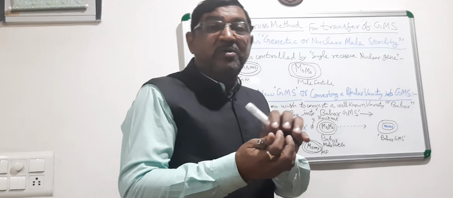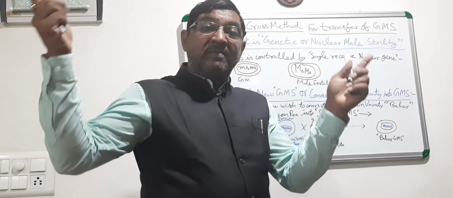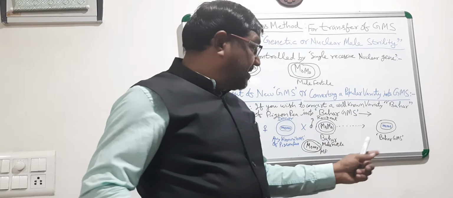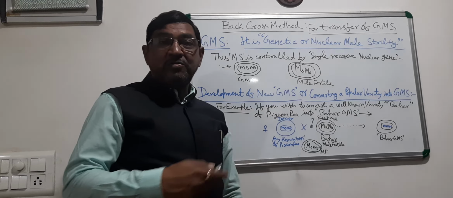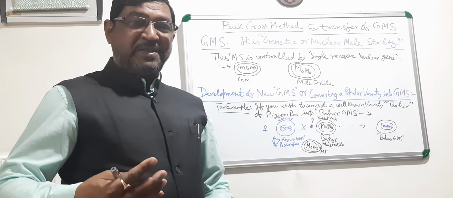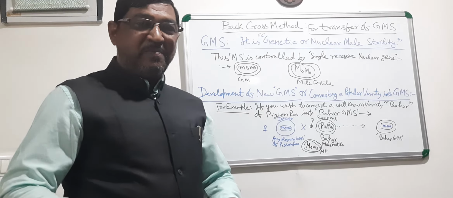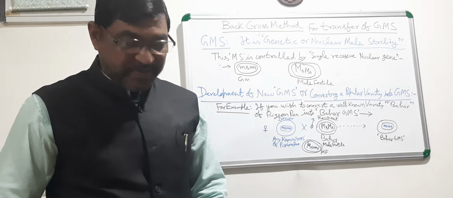So that will be your male sterile generation for use in hybrid seed production in pigeon pea. So this is all about how you use the backcross method to convert a popular, normal variety into a GMS line. Thanking you very much.